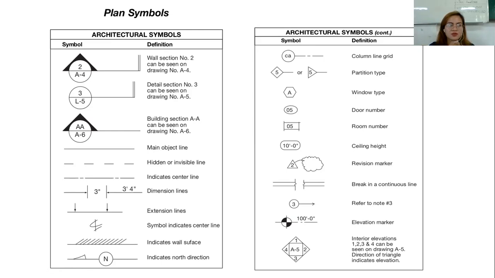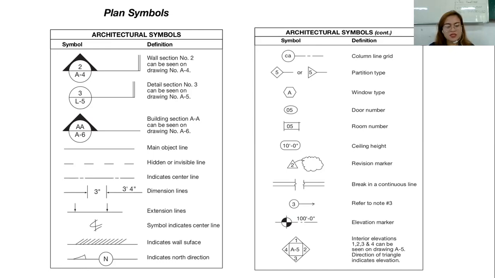For the odd numbers of the tech pen, the thick one is 0.5. For the even numbers of the tech pen, that is 0.6. That is your thick. And for the hidden or invisible line, you'll use medium, that is 0.3 and 0.4.